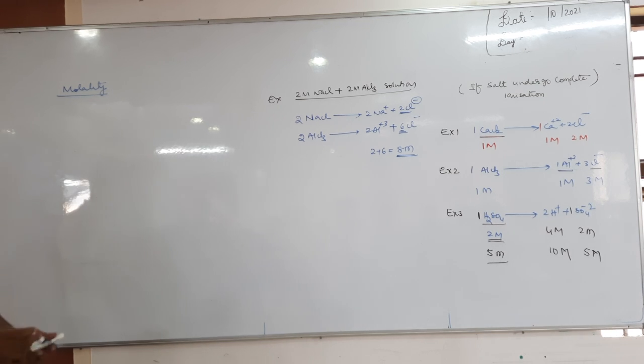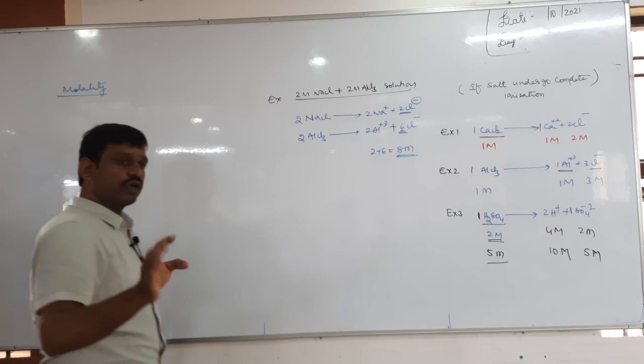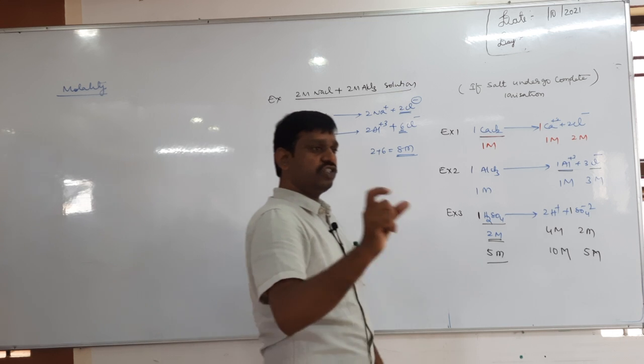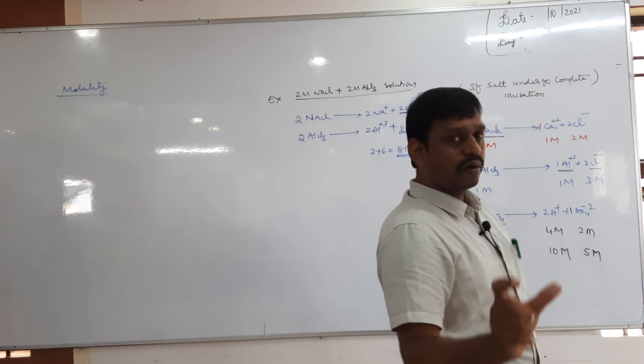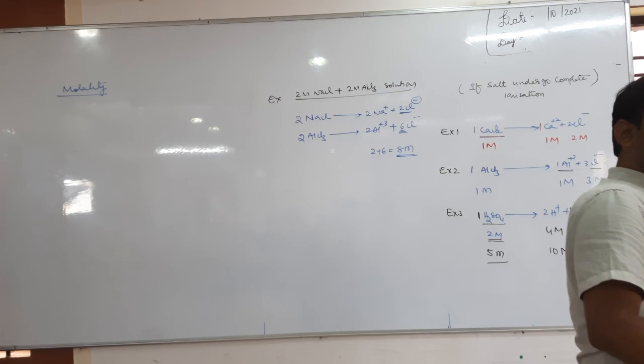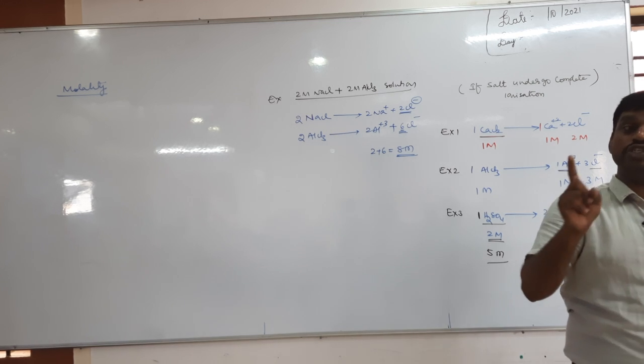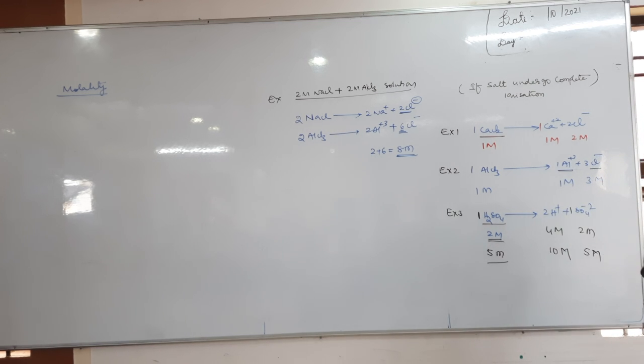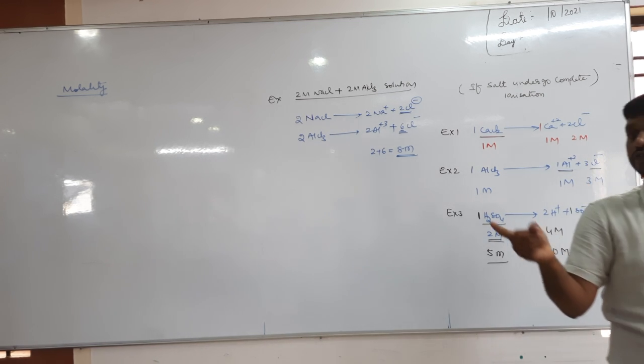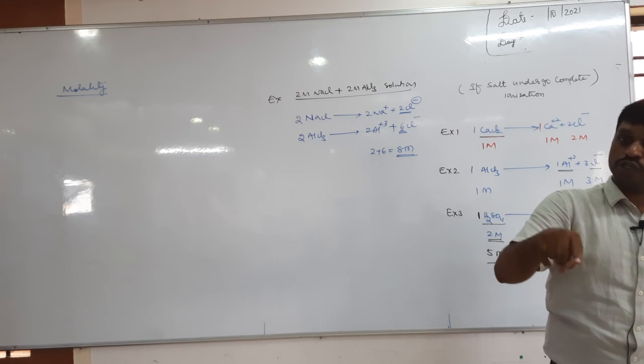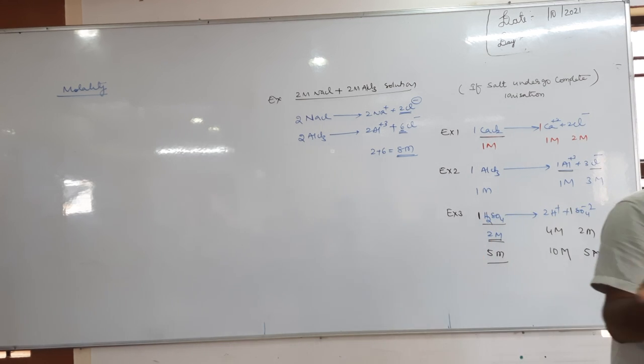So molality is similar to molarity, but it only changes to the number of moles of solute present in 1 kg of solvent, right? In molarity, we take 1 liter of solution, but here it is 1 kg of solvent, not solution.